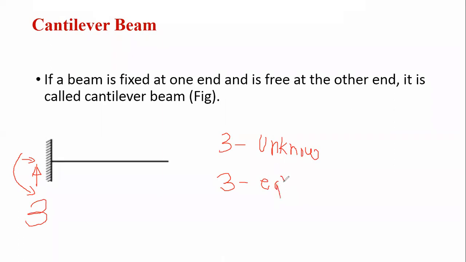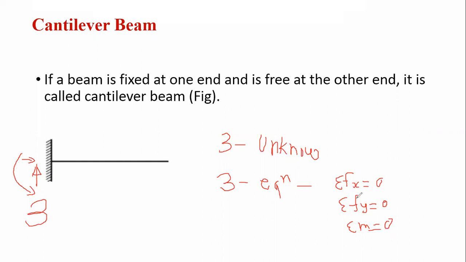Which equations? Summation Fx is equal to 0, summation Fy is equal to 0, and summation of all moments about any point is equal to 0. These are the three equilibrium equations.